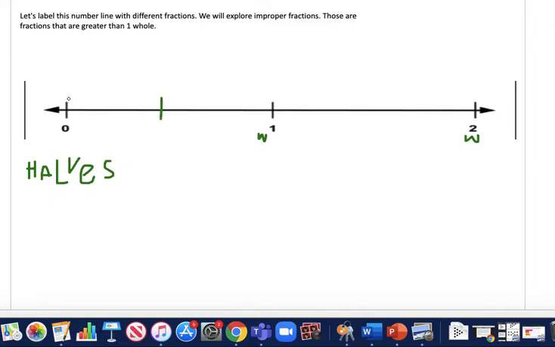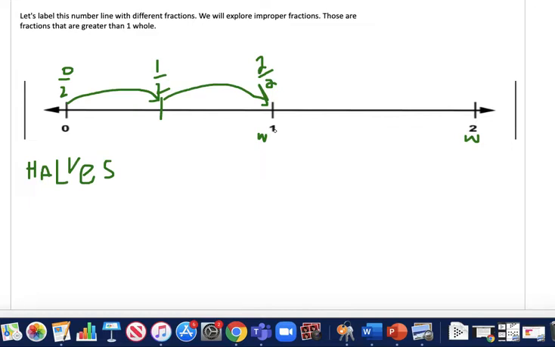I have 1 equal part, and I have 2 equal parts. So let's label it. This is 0 halves. This is 1 half. And this is 2 halves.